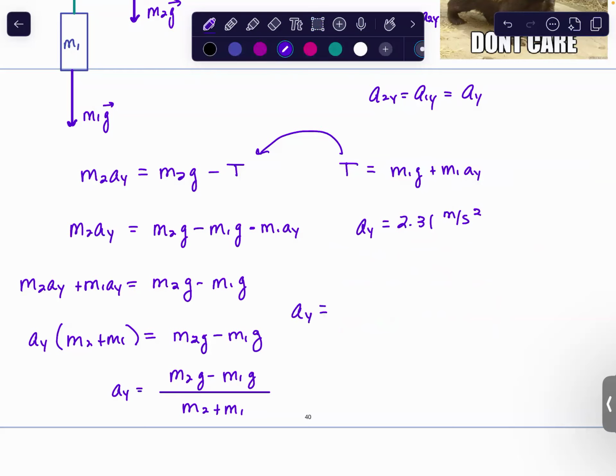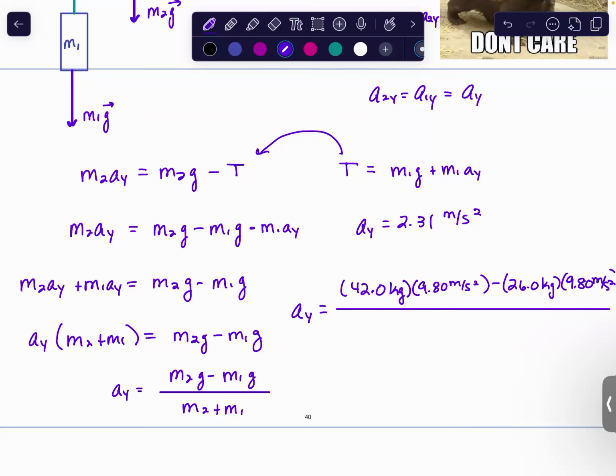Likewise. Now we have an expression for our acceleration.